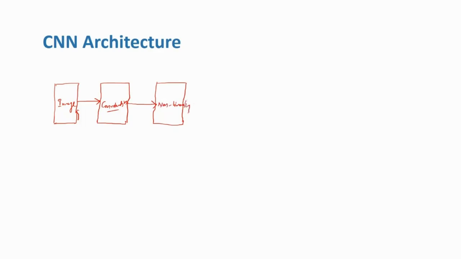After this non-linearity, this will pass through a pooling layer, pooling operation. What is this pooling operation? I'm coming to that. These are the triplets basically. Again, you can have convolution, nonlinearity, pooling.